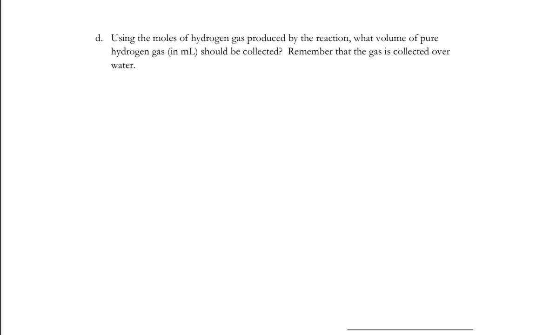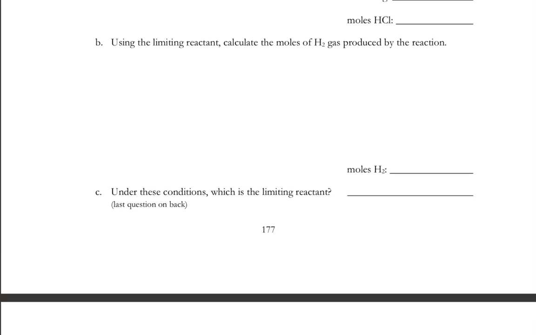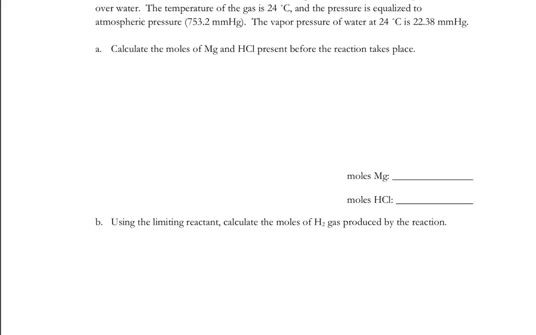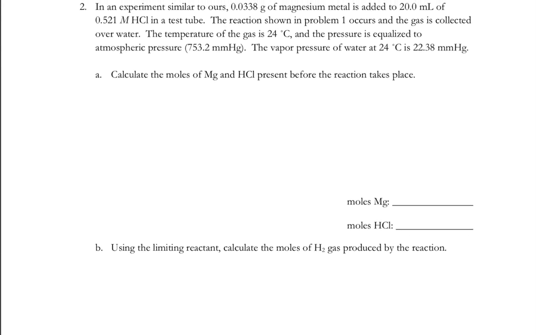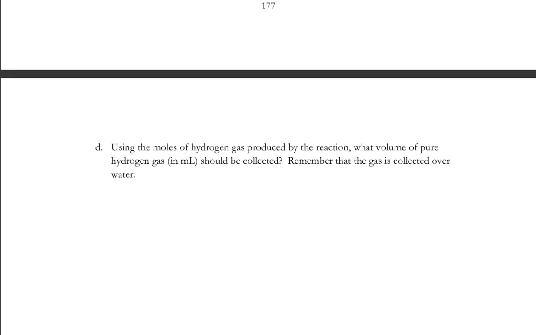Now, as we're reminded, our gas is collected over water. So we go back here, we have the atmospheric pressure, 753.2 millimeters of mercury. We have the vapor pressure of water, 22.38. We subtract those two, and that equals the pressure that we would put in for D.